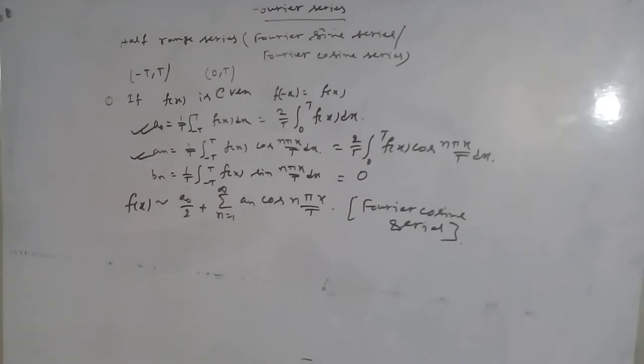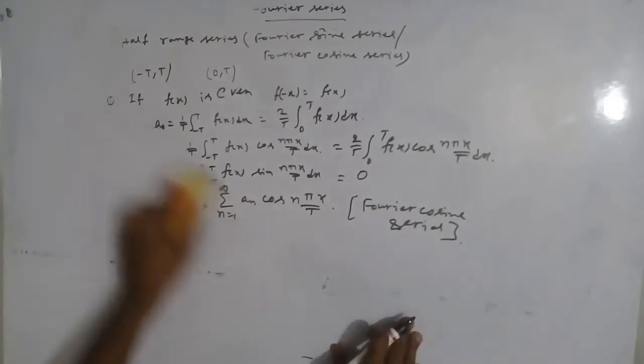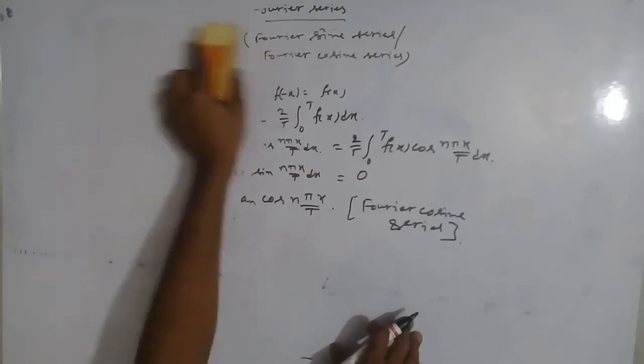Now there is a theorem called Dirichlet's condition. For the existence of the Fourier series of a function, I will tell you the conditions, called Dirichlet's conditions.